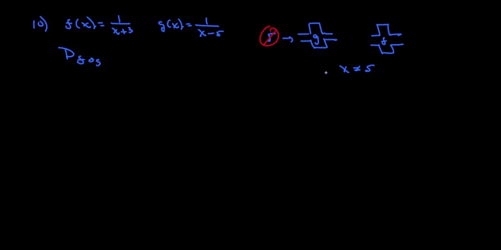Now, the other restriction comes from what number comes out here. When I plug it into f, I need to make sure that this number that comes out is not equal to negative 3. So I don't want negative 3 getting plugged into f. That doesn't mean that negative 3 is a restriction on our domain, because when negative 3 goes through g, it's not going to come out as negative 3.